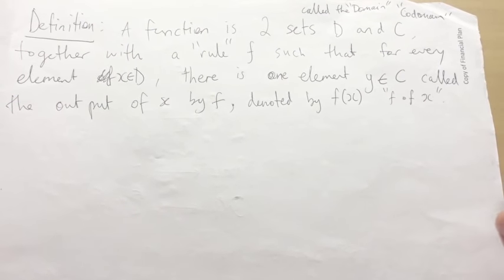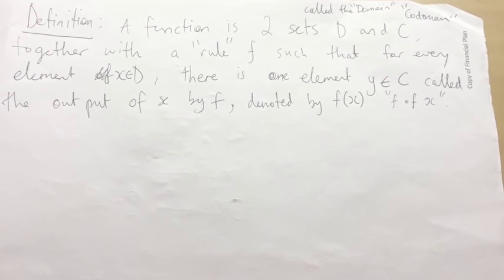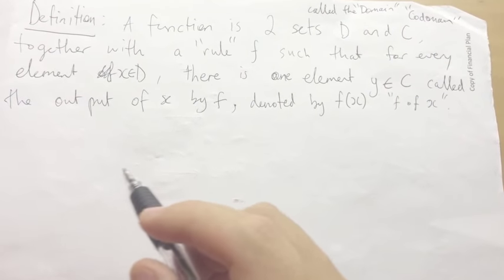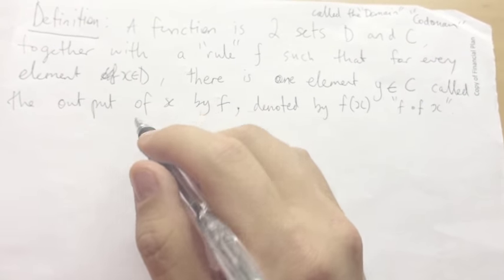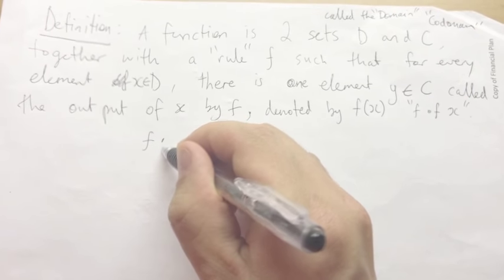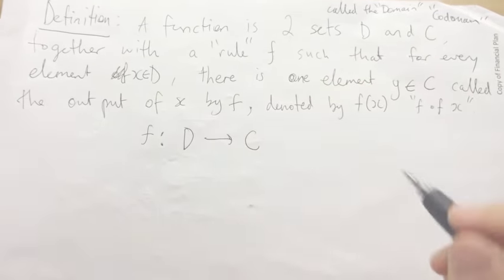Okay, and there are several notations for the function as a whole. A common one is you write the rule and then you write the domain, arrow, codomain.